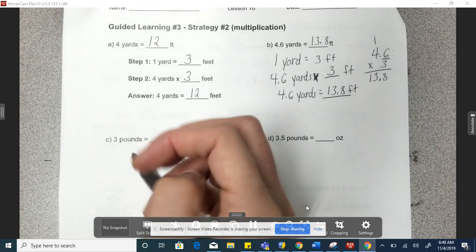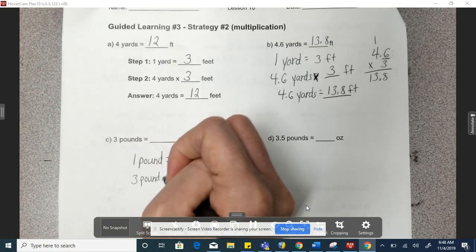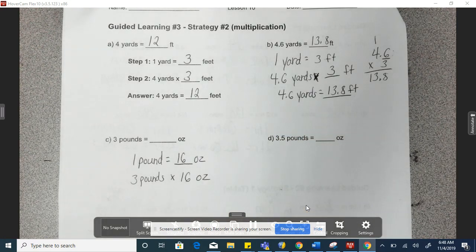So now, if we have 3 pounds, we can multiply that by 16 ounces. So we're taking the measurement that we have here, 3 pounds, and we're multiplying it by the number of ounces there are in every pound. 3 times 16.